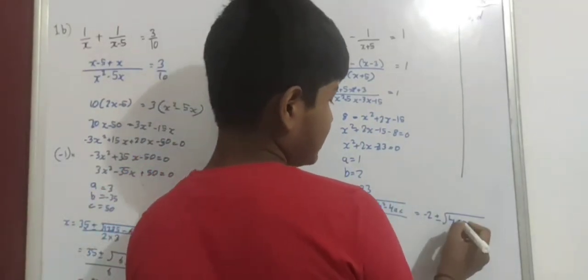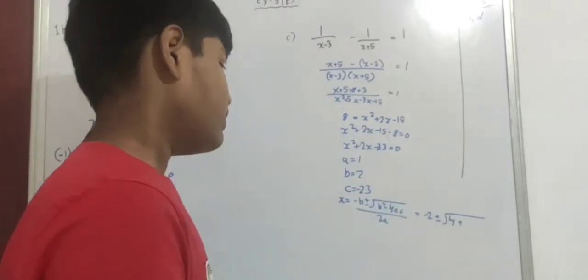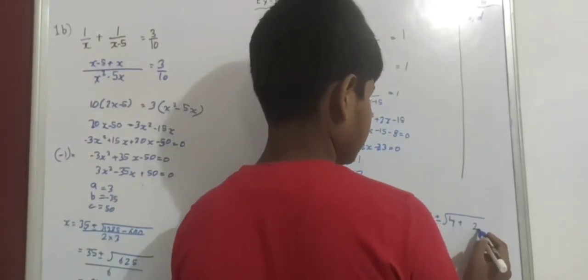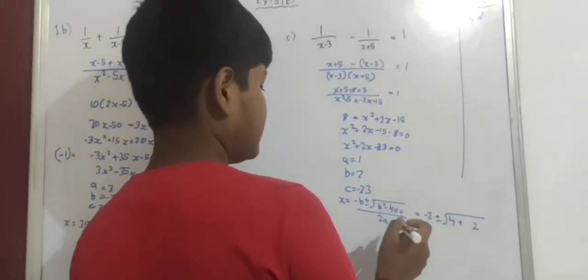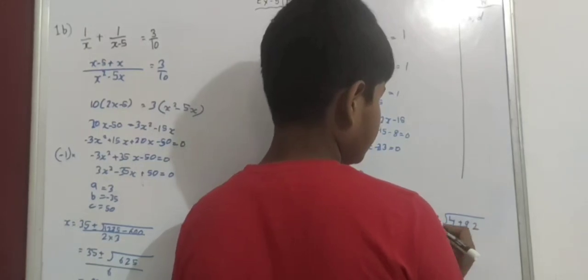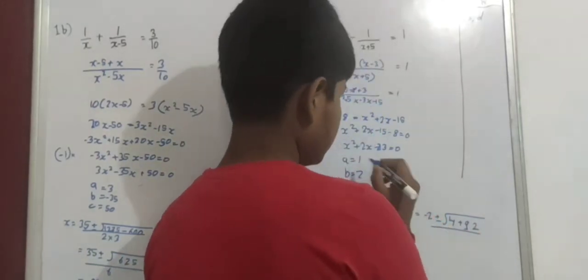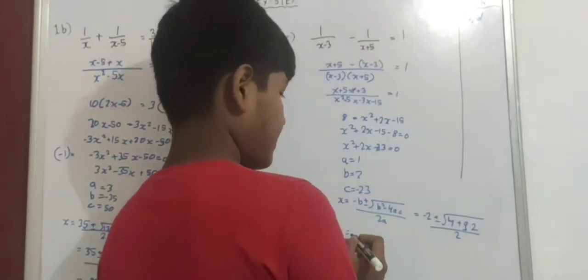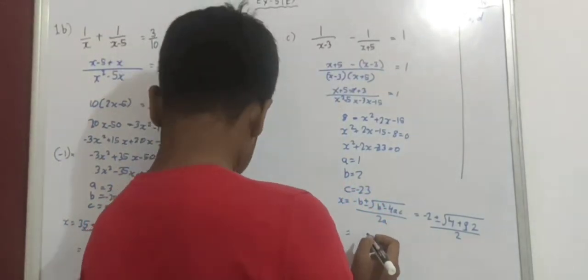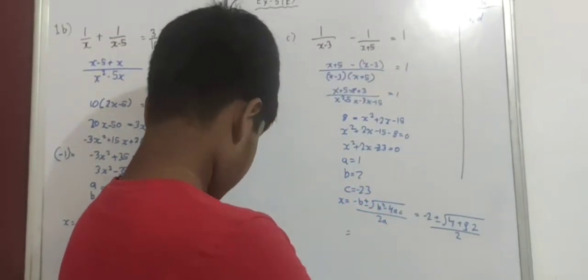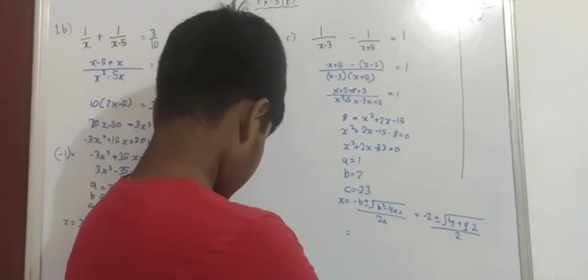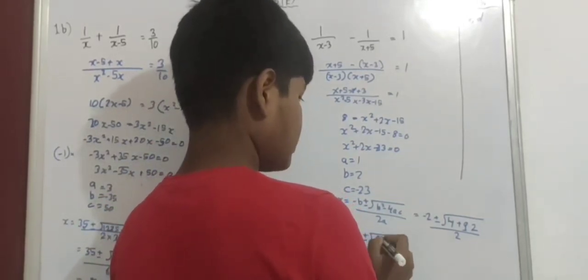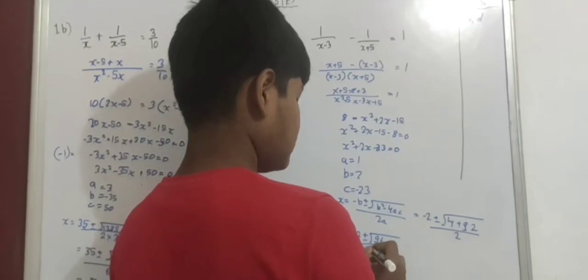So minus will be plus, 4 into 23 equals 92, and 4 plus 92 is 96, divided by 2 into a, that is 2. So here you have x equals minus 2 plus minus under root 96 divided by 2.